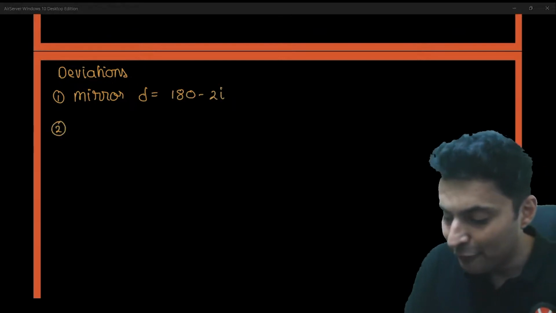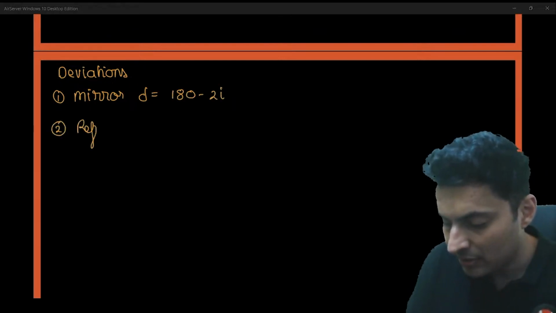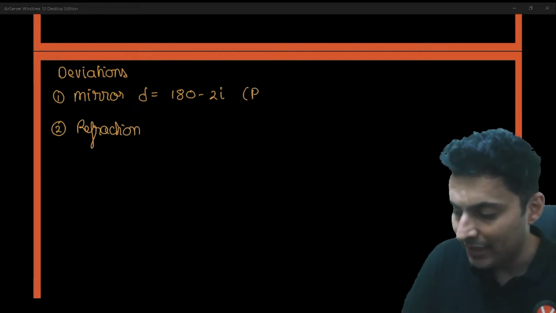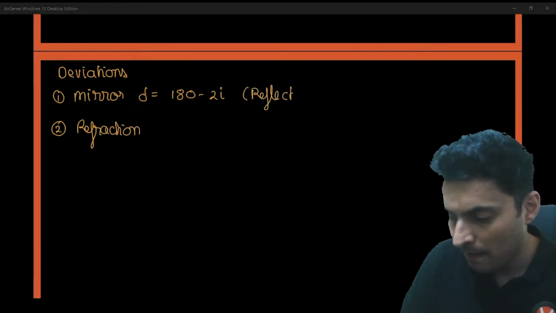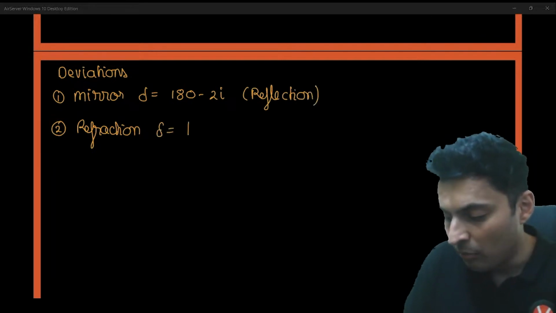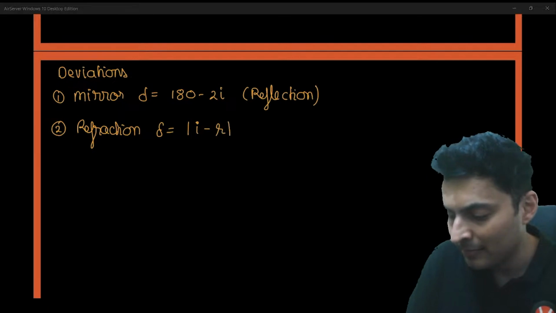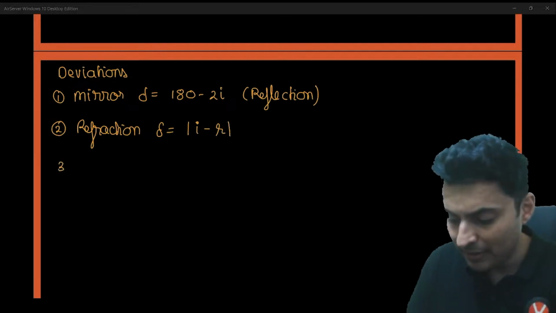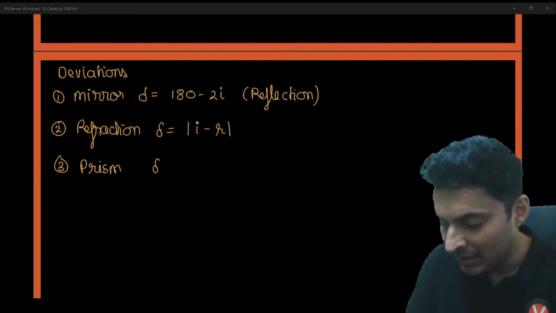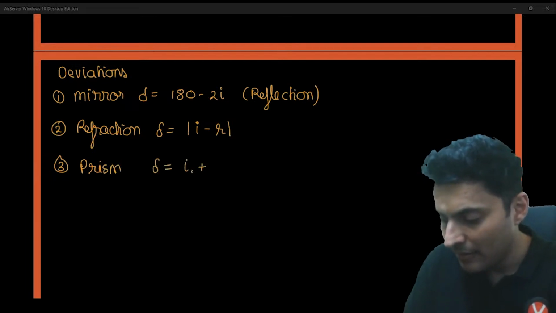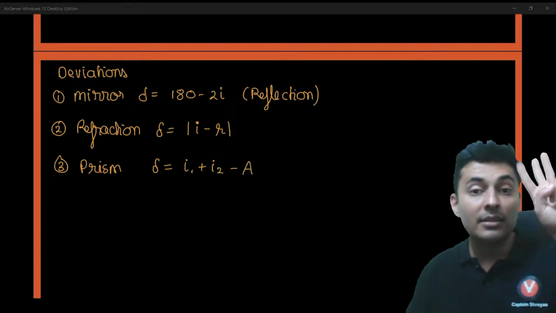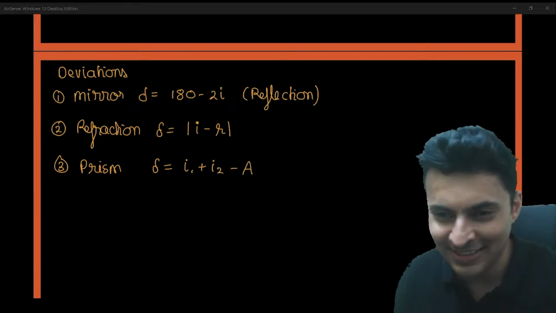Second thing, for refraction. So first was reflection from a mirror, second is refraction. The deviation is modulus of i minus r. Third thing, for a prism, delta is i1 plus i2 minus A. These are three separate formulas.